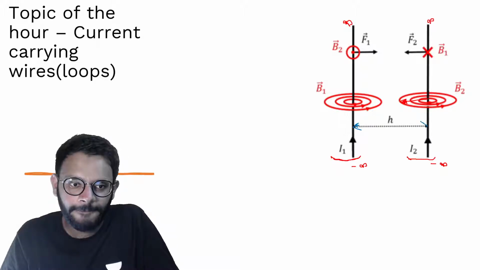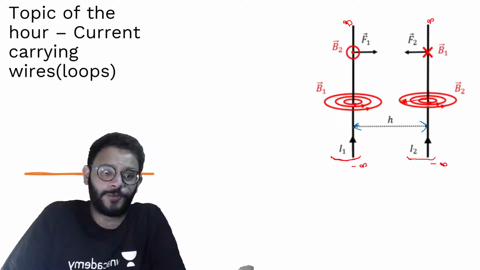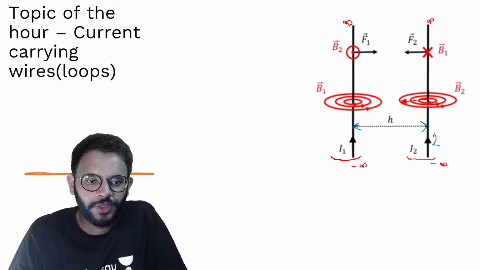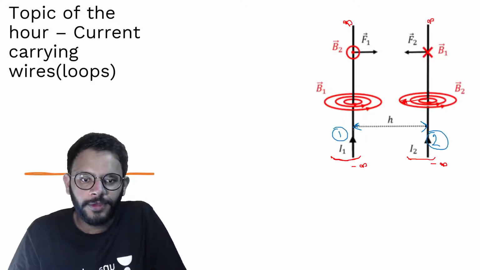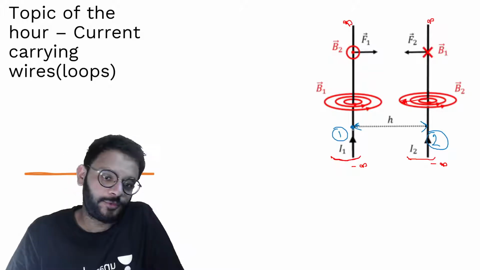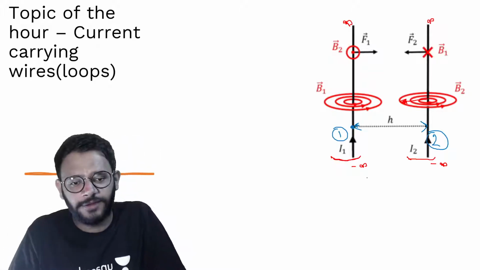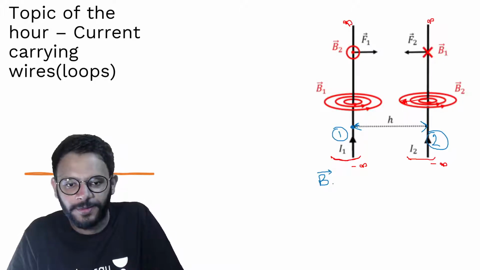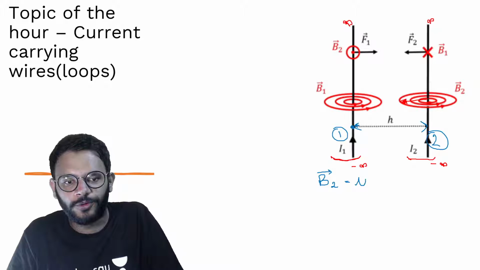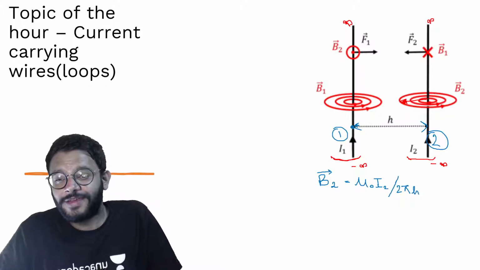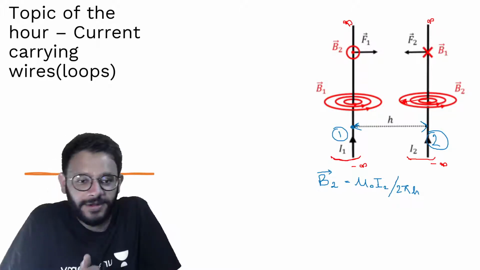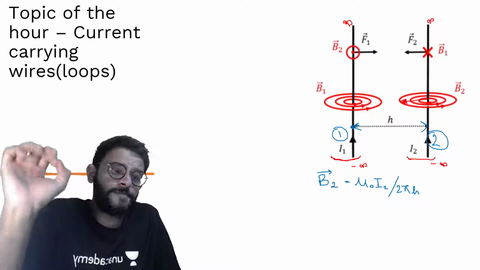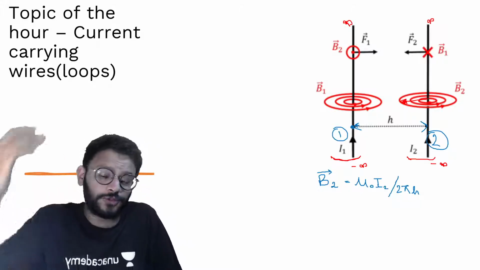So definitely the magnetic field due to wire number 2 at this point on wire 1 is going to be, magnetic field because of 2 is equal to mu naught I2 upon 2 pi h, and that is going to give me my magnetic field at any point on wire 1 because of wire 2.